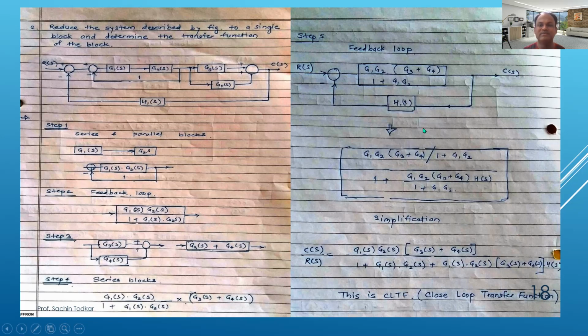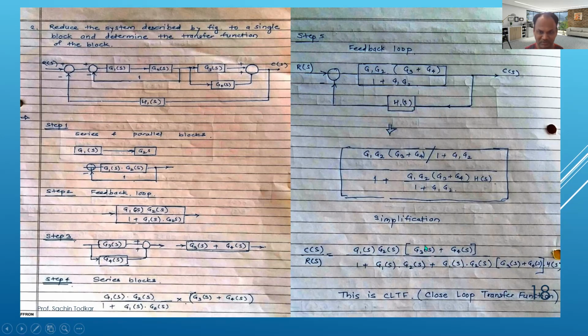So in this, we have to apply the feedback loop formula. This is a minus sign, so we are going to take it as plus. So 1 plus the whole numerator multiplied by H(S), and this numerator will be as it is here. After simplification, you will get this type of function.